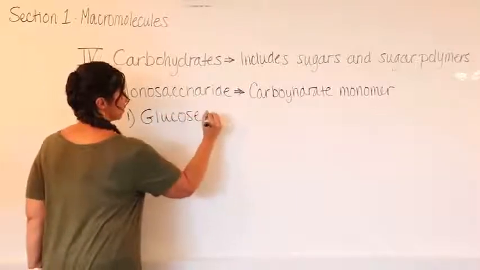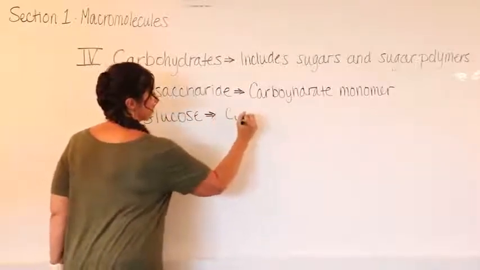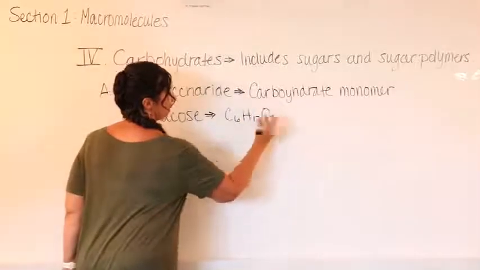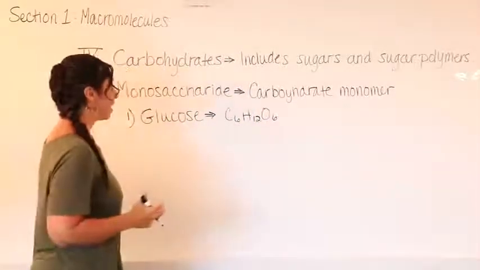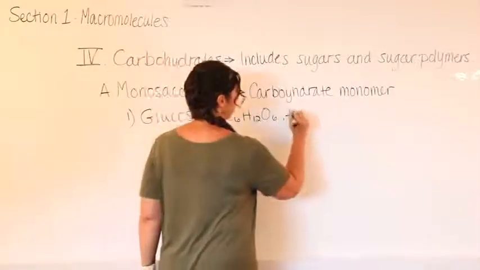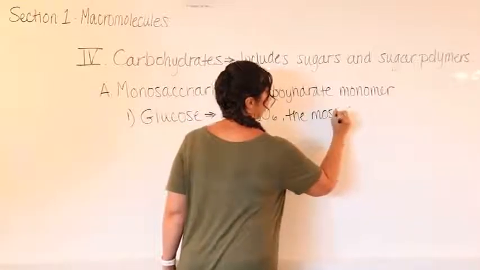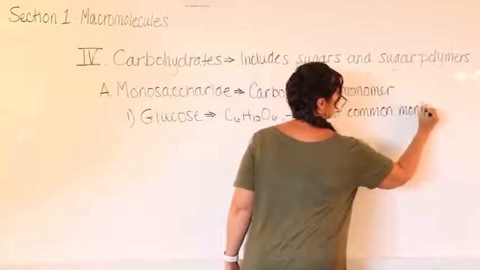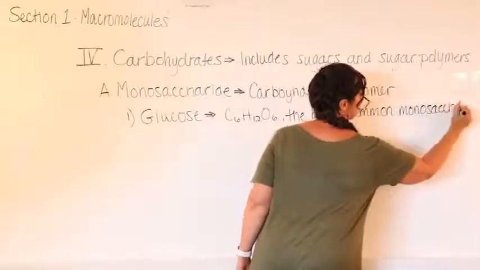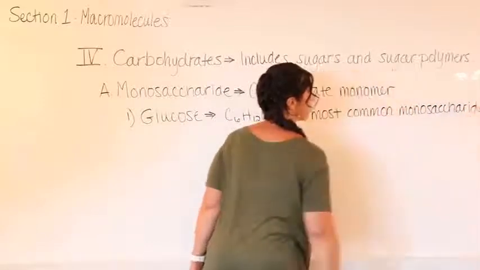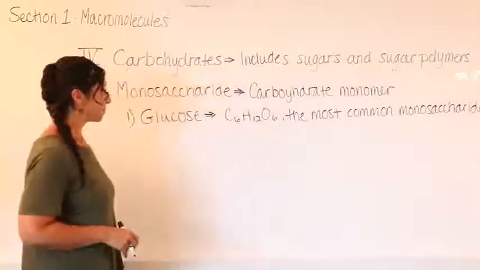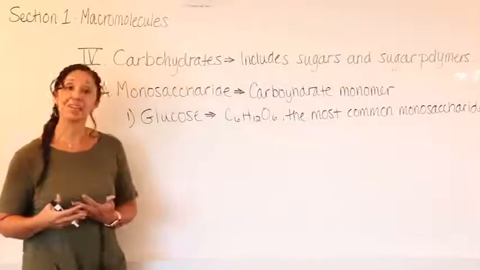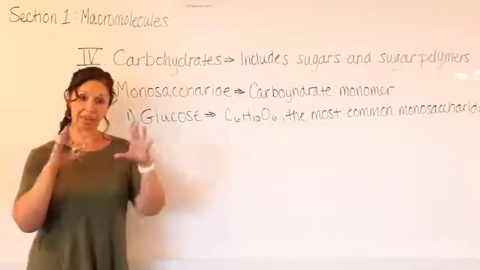Glucose is C6H12O6, a 6-carbon chain. And glucose is the most common monosaccharide. Now, glucose can exist either as a carbon chain or as a carbon ring.